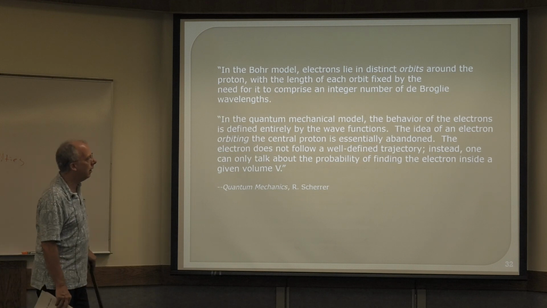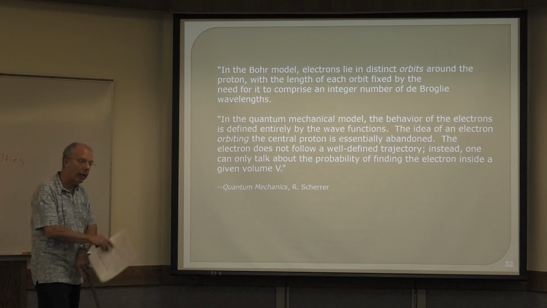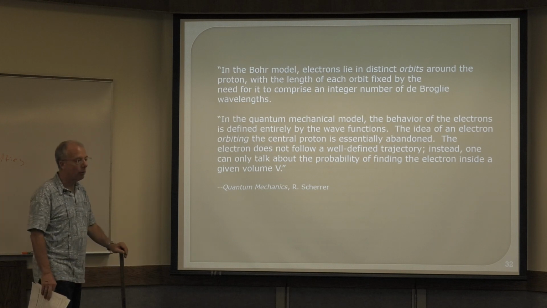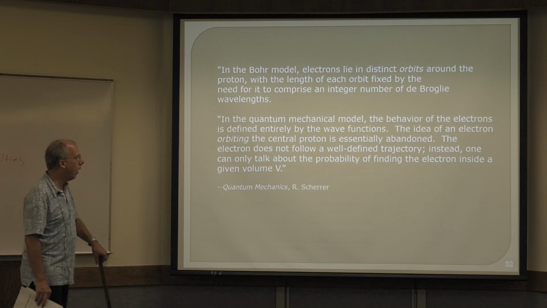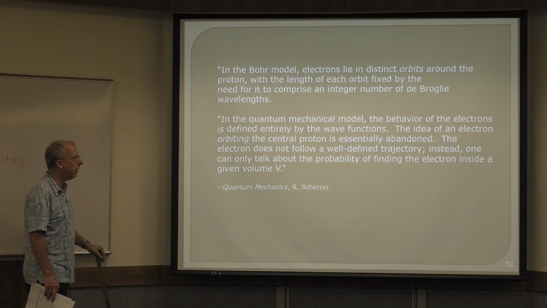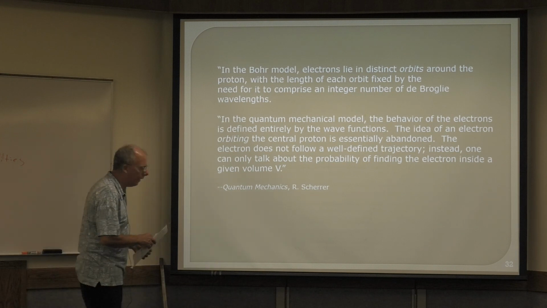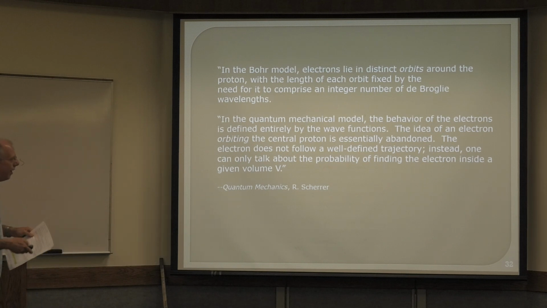The idea of an electron orbiting the central proton is essentially abandoned. The electron does not follow a well-defined trajectory. Instead, one can only talk about the probability of finding the electron inside a given volume V. So there it is. Welcome to quantum mechanics.